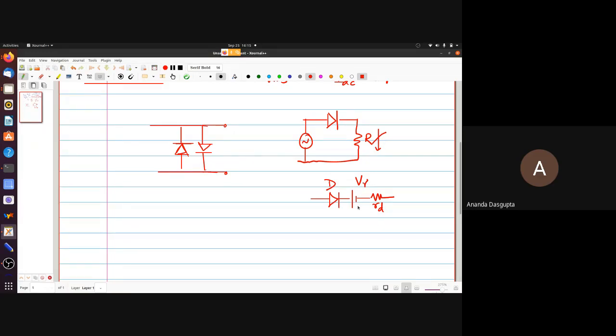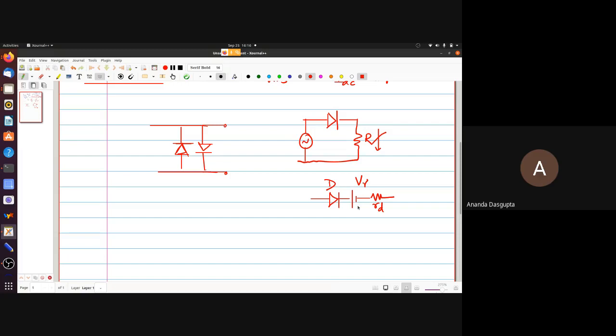So as a rule of thumb, when a diode is forward biased, it drops 0.7 volts. When it's reverse biased, it drops the entire voltage. Okay, so that's the basic idea.